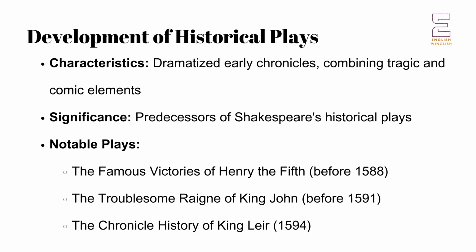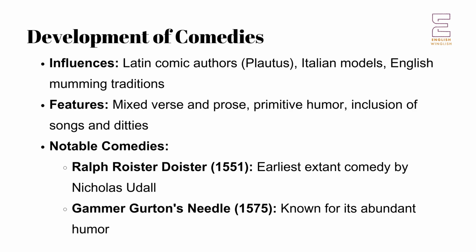Ralph Roister Doister, 1551, by Nicholas Udall, is the earliest extant English comedy and showcases the evolving style of comedic drama. Another notable comedy, Gammer Gurton's Needle, 1575, is known for its abundant humor, though it is less refined.